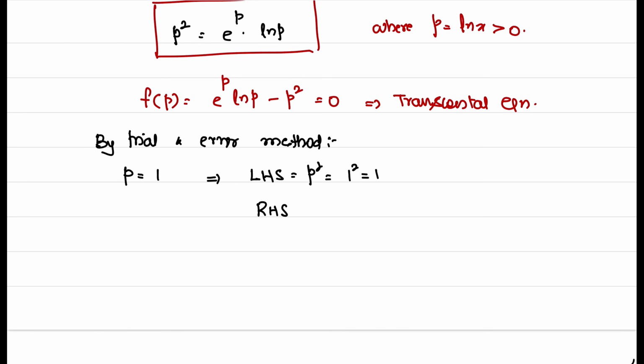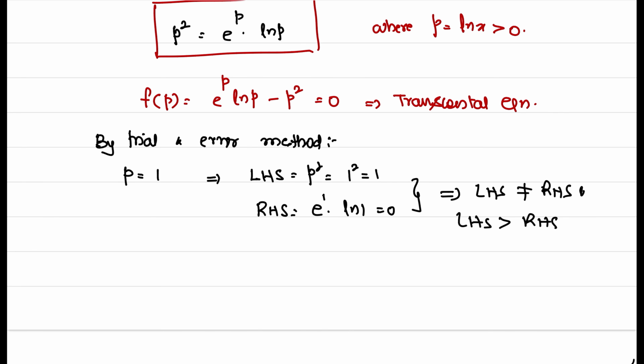Right hand side is equal to e to the power of 1 into ln 1, that is equal to 0. This implies left hand side is not equal to right hand side and left hand side is greater than right hand side. This is more important observation.